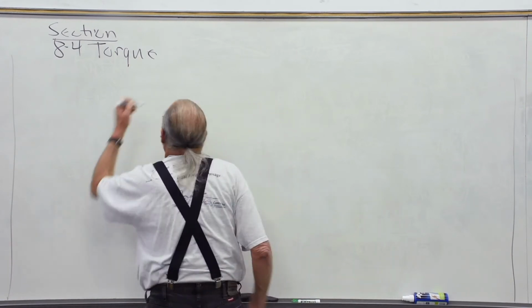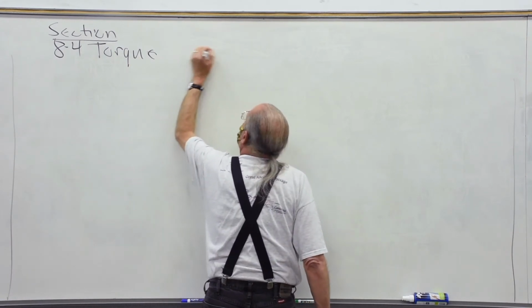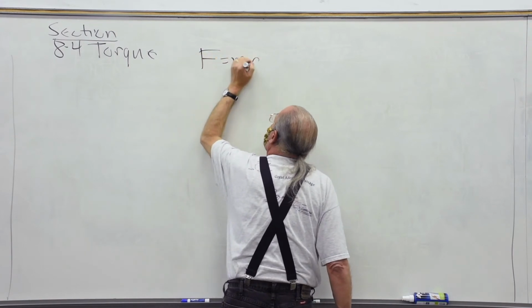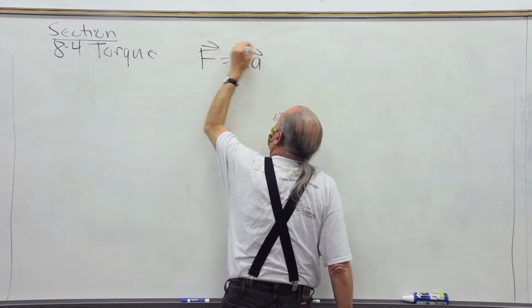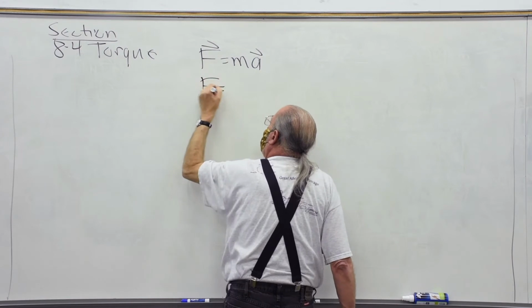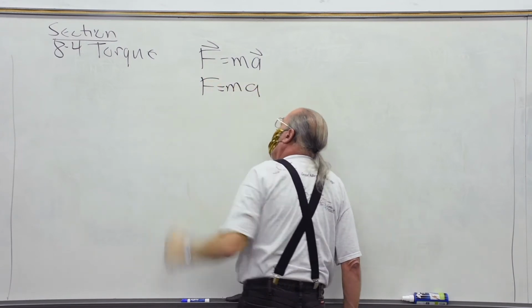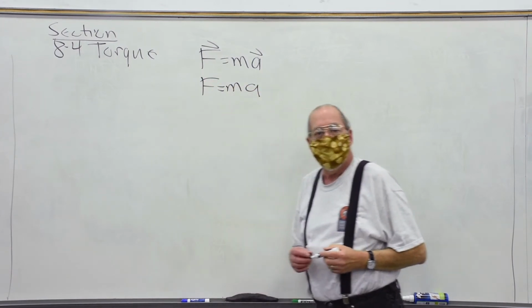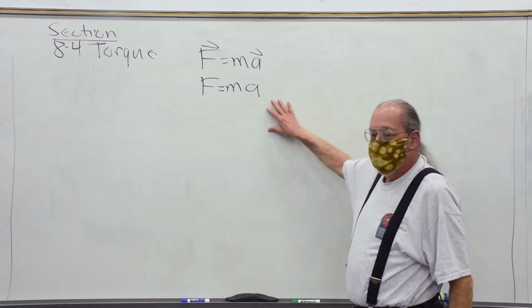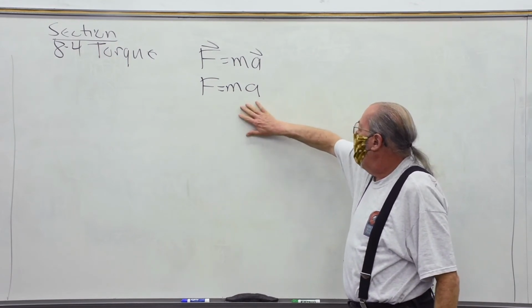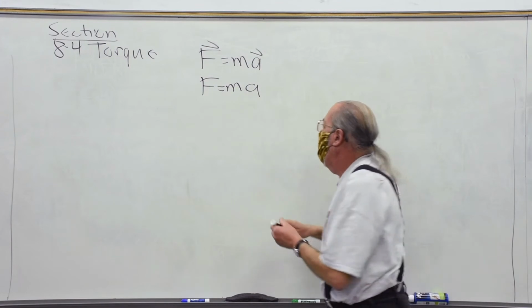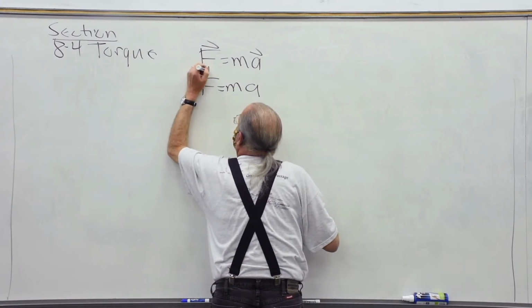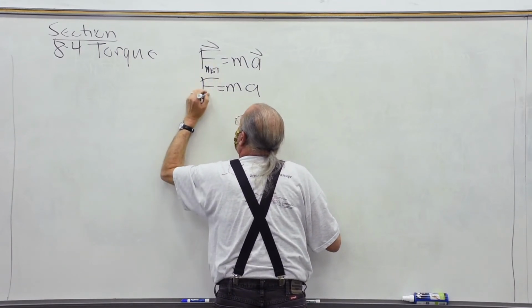Now, we're all familiar, I hope, with this, or in magnitude form, that. What this is saying is that a net force, and I'll put the word net here just to remind us, though we often omit it.